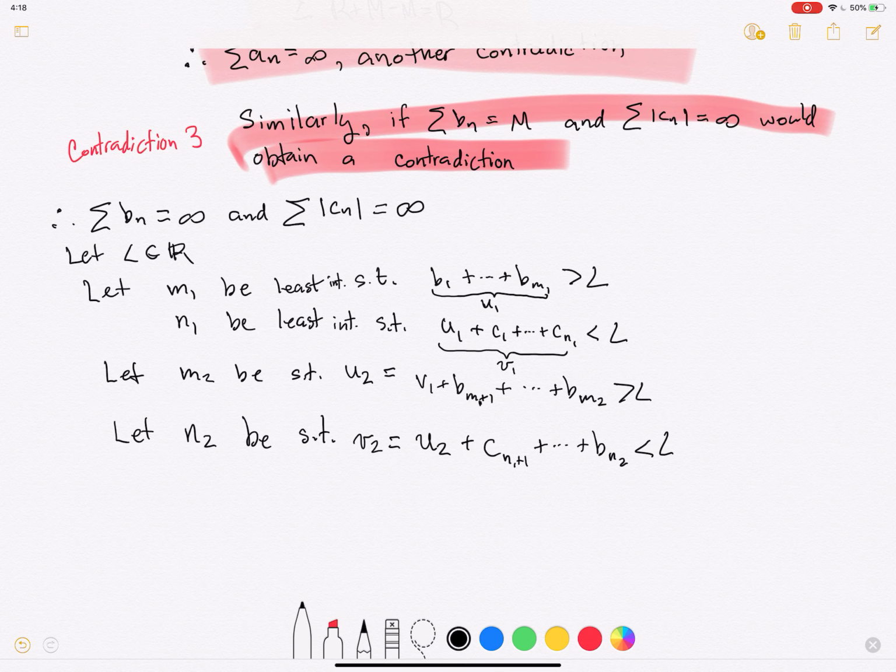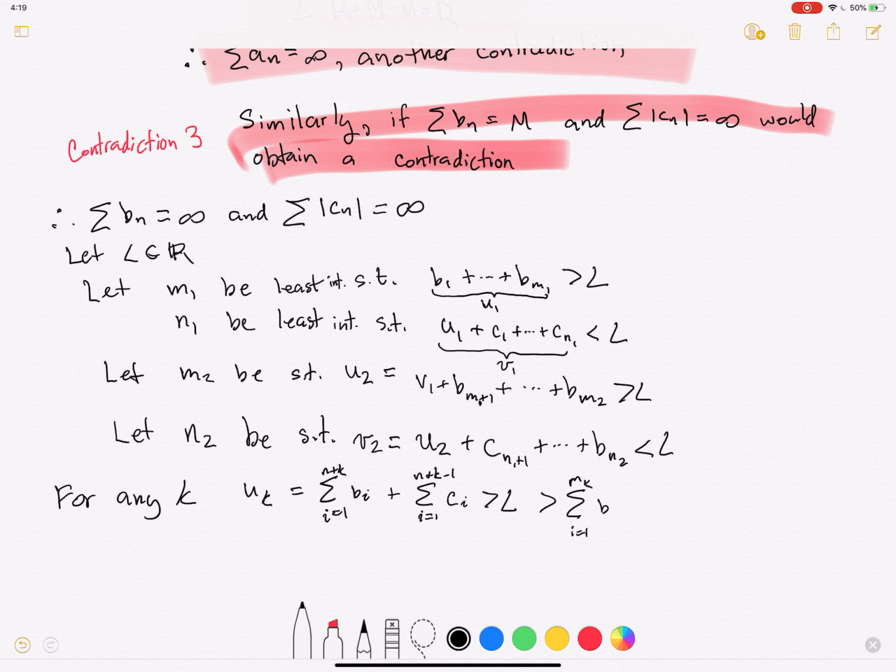And if you just repeat this for any k, we have that U_k is equal to the sum of B_i for i from 1 to M_k plus the sum of C_i for i from 1 to N_(k-1), which is greater than L, and that is greater than V_k, the sum of B_i plus the sum of C_i up to N_k, and that's just V_k exactly.